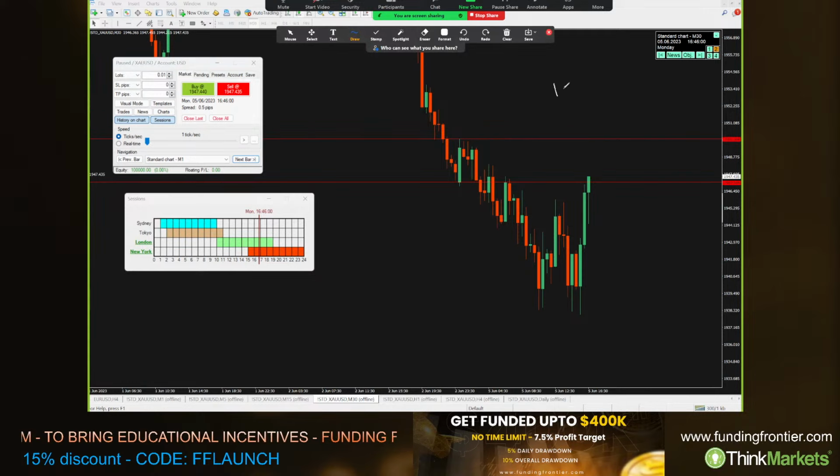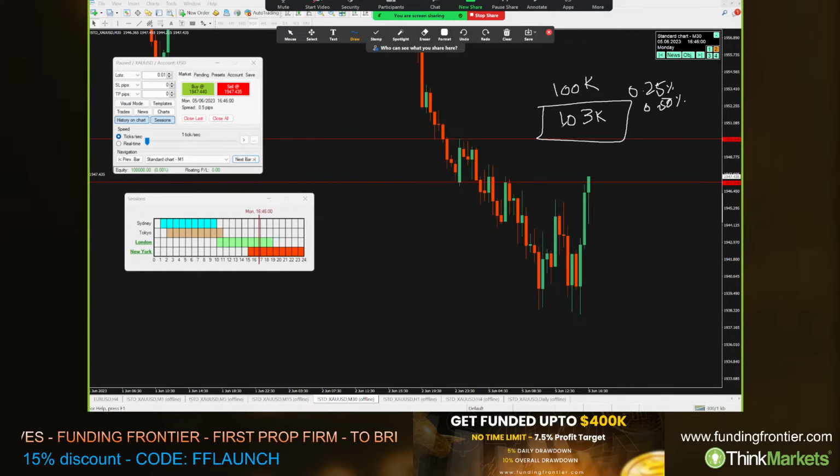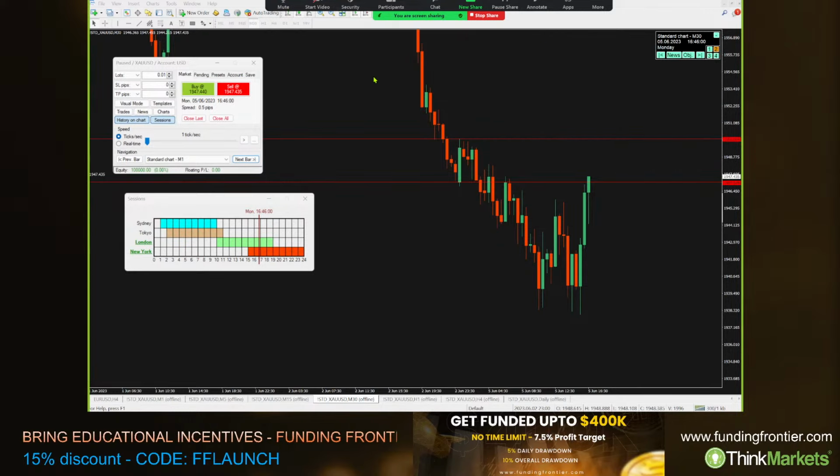Let's say you have 100K. The first 103K you should be making with very low risk, like 0.25% to 0.5% risk. Once you are at 103K, then you can start increasing your risk to 1%, 2%, depending on the type of setup you have, A+, A triple plus, or whatever the setup is.